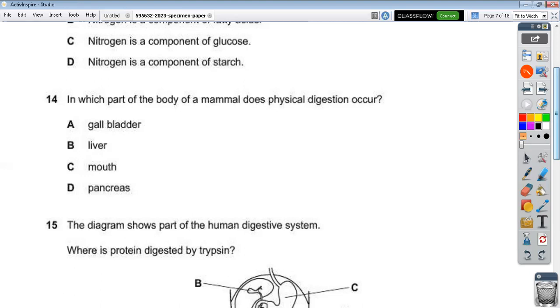Is it the gallbladder? The mouth. Physical digestion is in the mouth. Clear? Yes, sir.